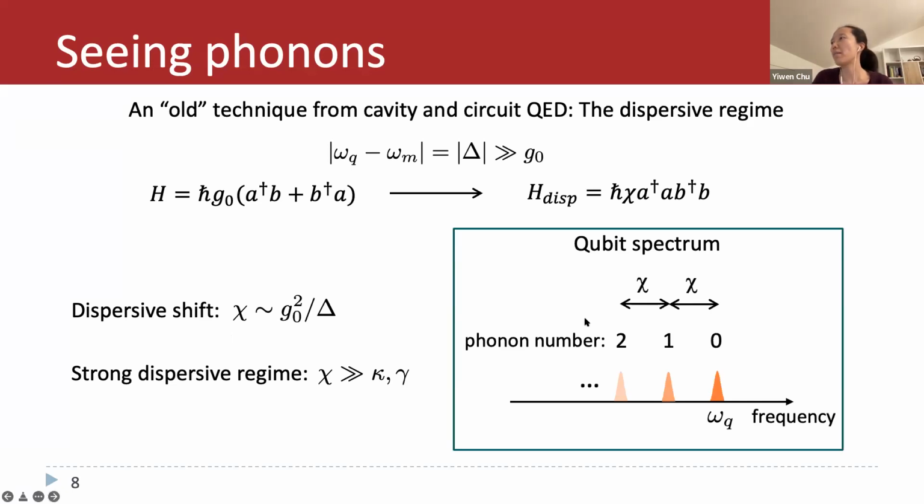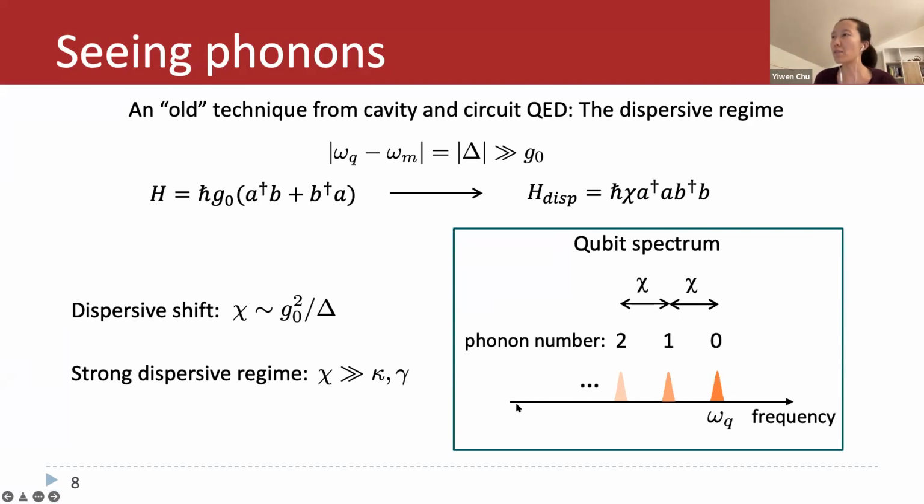When there are zero phonons in your mechanical resonator, if you do spectroscopy on the qubit, you'll see a peak at your qubit frequency. If you put one phonon there, it's going to shift over by chi. And if you put another phonon there, it's going to shift again by chi, and so on and so forth.